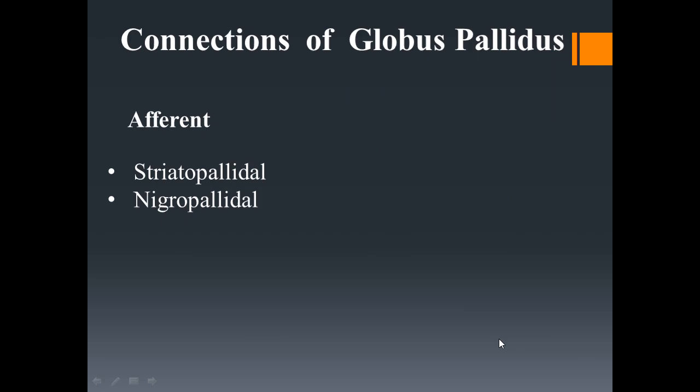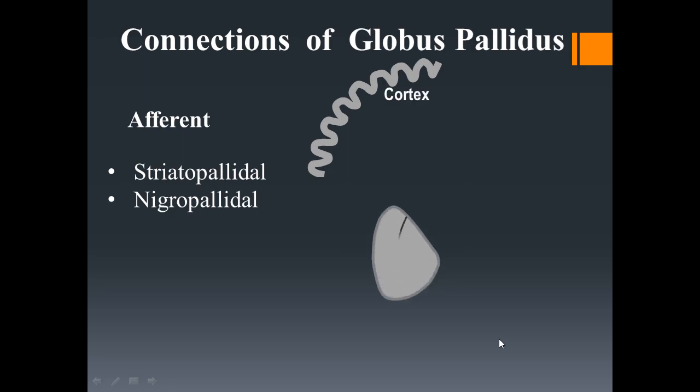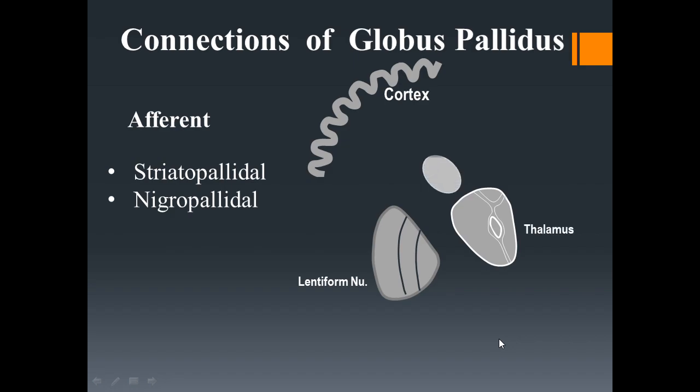Now, what are the connections of globus pallidus? Again, globus pallidus has afferent connections and efferent connections. The afferent fibers are striatopallidal and nigropallidal. Here this is the cerebral cortex, lentiform nucleus, thalamus, caudate nucleus and substantia nigra.